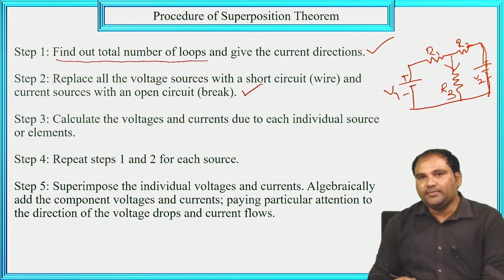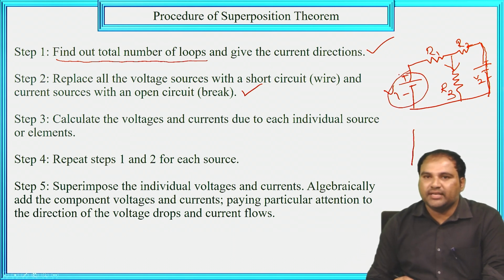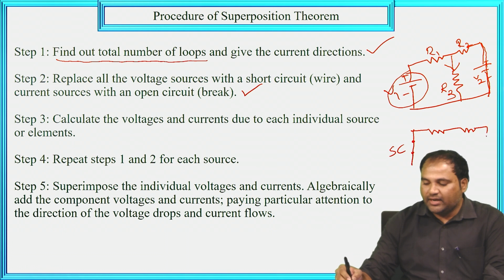Similarly, we need to short circuit the primary source, that is V1. We need to redraw the circuit and give the current directions again. Similarly, we need to calculate the current through this R3 resistor.